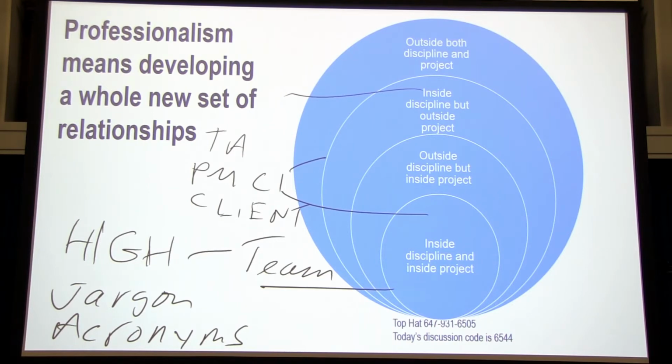But your TA, your client, and your PM are mid-context. That means they have some understanding of the project, some understanding of the discipline, depending where they sit in this spectrum. They require explanations.